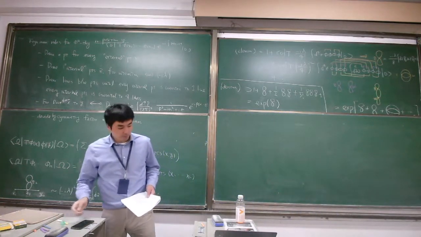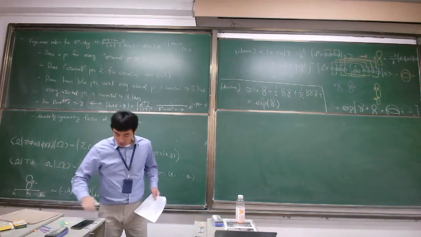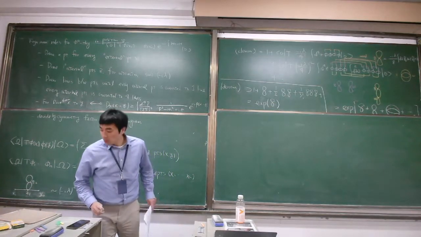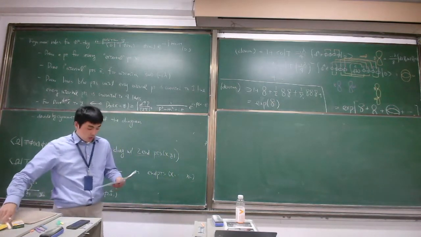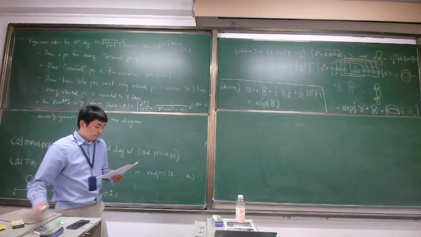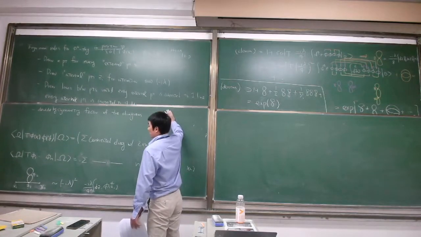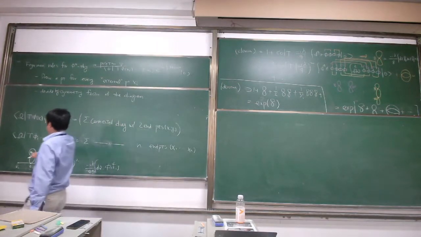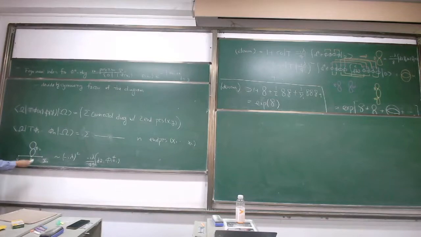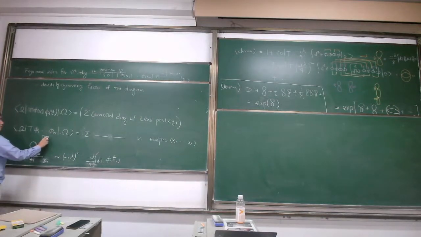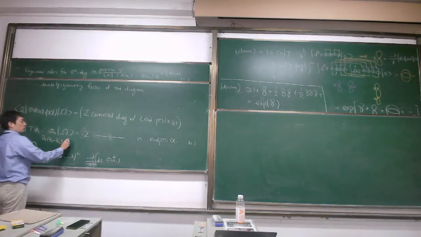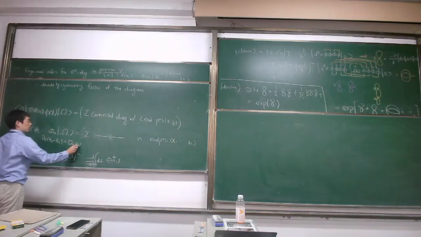Okay, now let's see. If you have this kind of loop factor, this kind of D_F(z1 minus z2) will show up, which is equal to D_F(0).